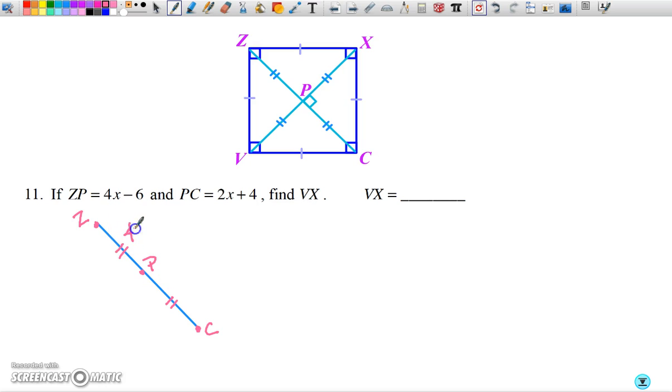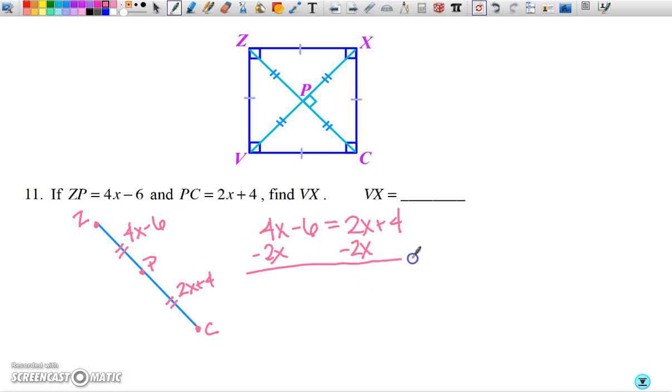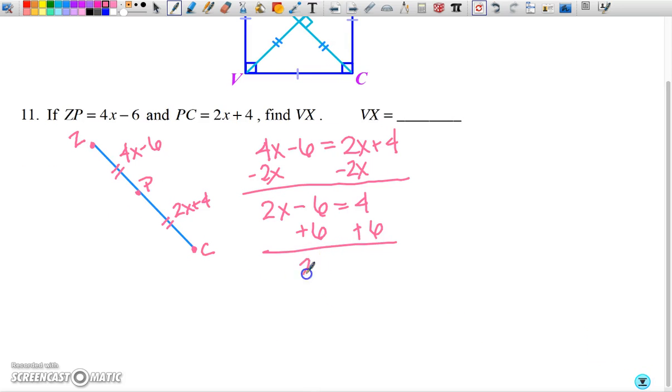So ZP is 4x minus 6, and this is 2x plus 4. Well, they are marked as congruent, and therefore we can set them equal to each other. So 4x minus 6 equals 2x plus 4. Subtract your 2x from both sides of your equation to get 2x minus 6 equals 4. Add 6 to both sides of your equation, and you get 2x equals 10. Divide by 2, and you get x equals 5.